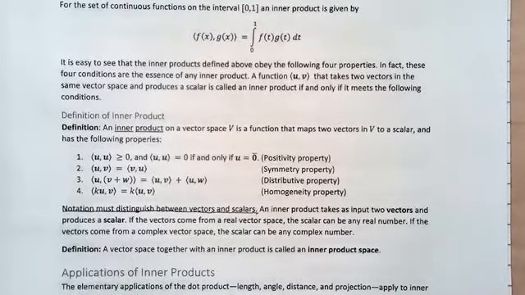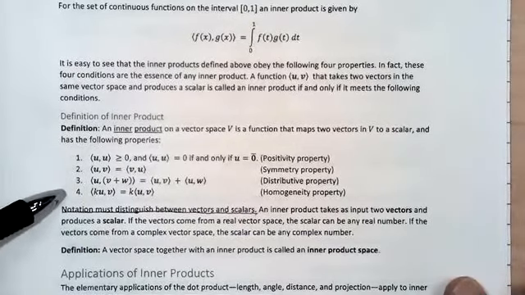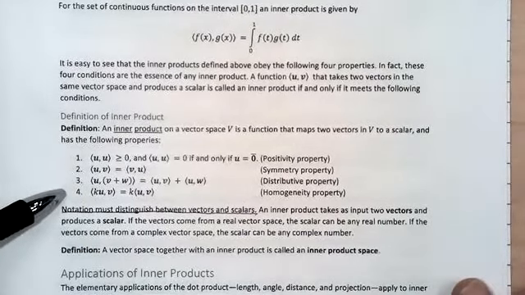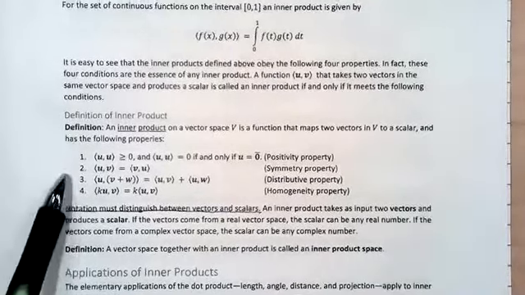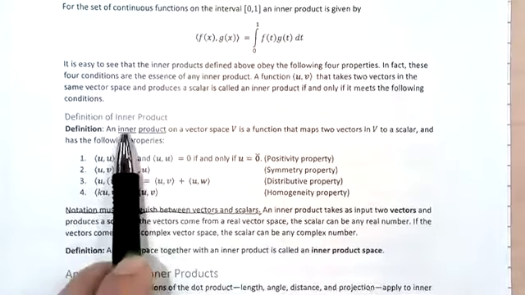So you can factor a constant off, whether it's on the first vector or the second vector, or for that matter, you could factor one off of each of them. Now, if the function you cook up that starts with two vectors in V and produces a scalar obeys these four rules, it is officially an inner product.